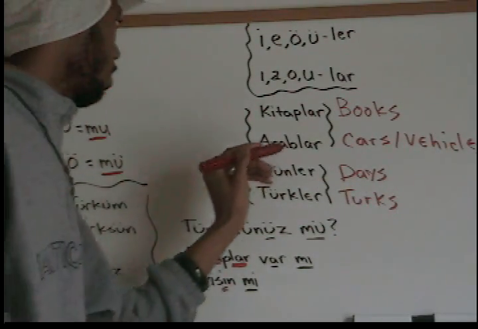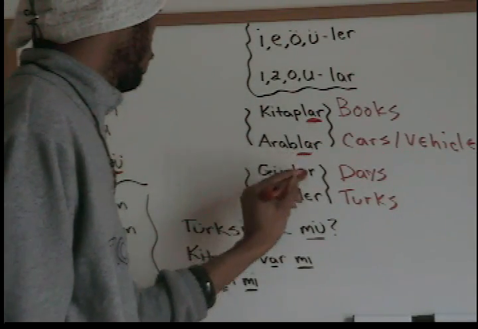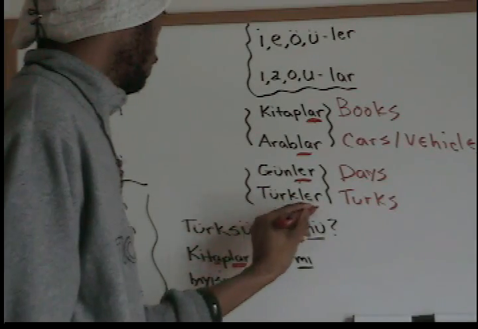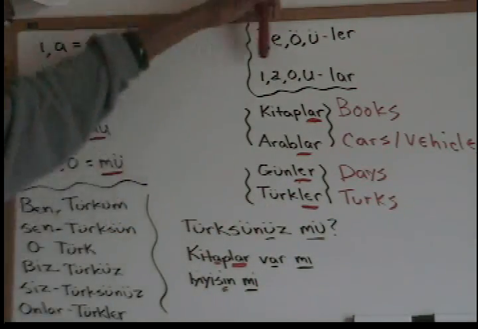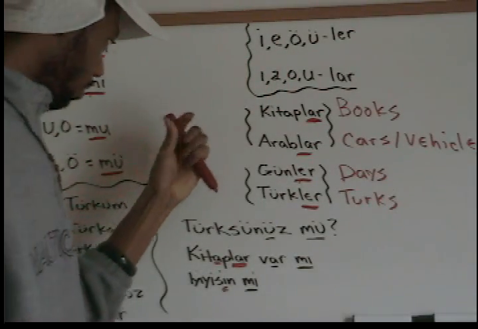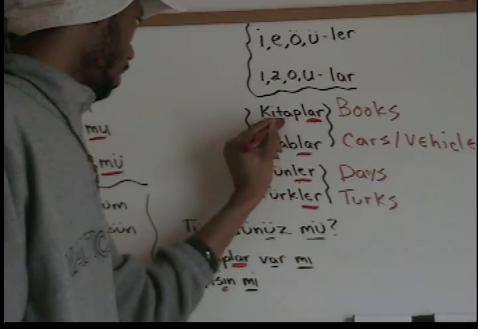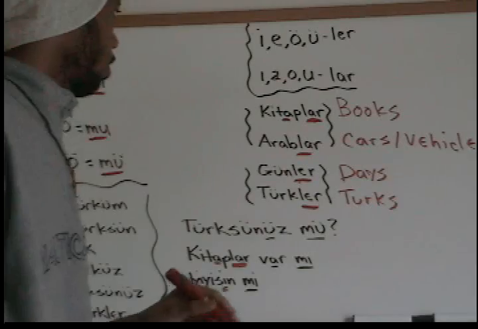So these are all the plurals here, as we talked about before. So kitaplar. It's going to take lar because of this A here, according to this rule.